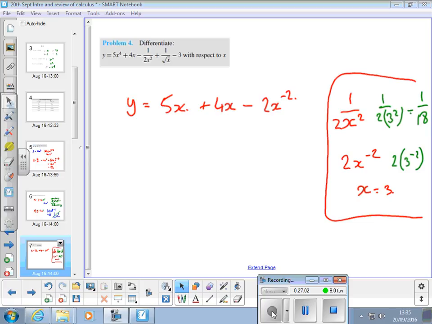Where do you think you might have gone wrong? Half x to the minus 2. There are two ways of writing that, but we'll write it how you've just said it. Half x to the minus 2. Do that in your calculator. Forget the negative sign. Do half x to the minus 2 in your calculator and see if you get 1 over 18, or if you get the same result as if you do that.